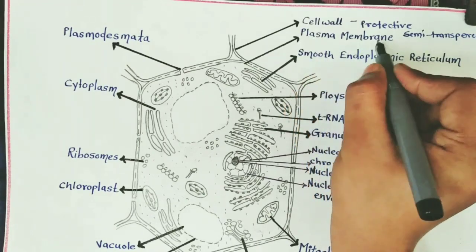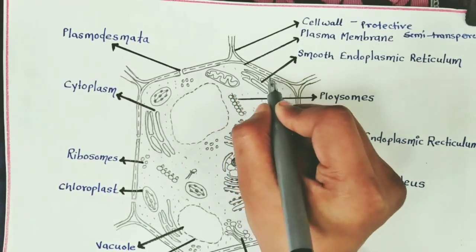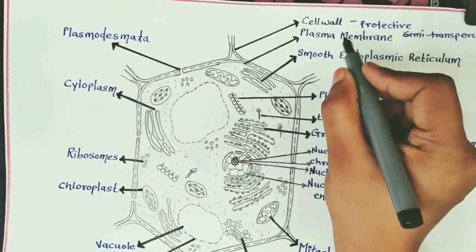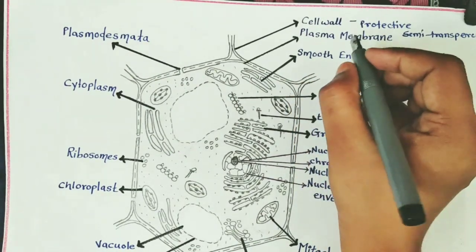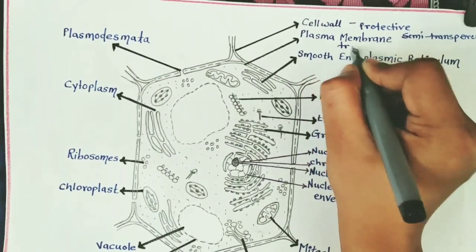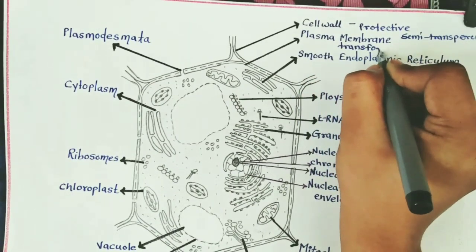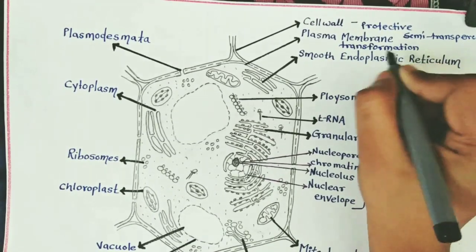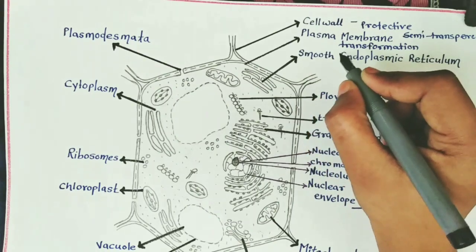So the next point is the plasma membrane. This is the innermost covering of the cell. The plasma membrane is surrounded by the cell wall, and its function is to be selectively permeable and to transport material from one cell to another cell.